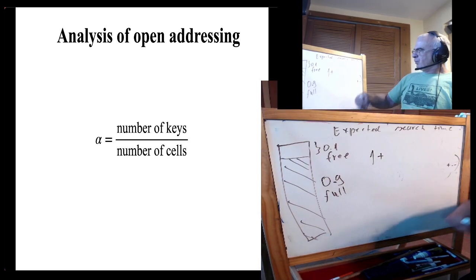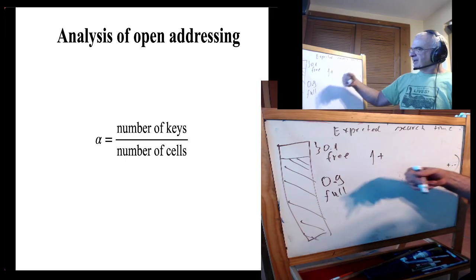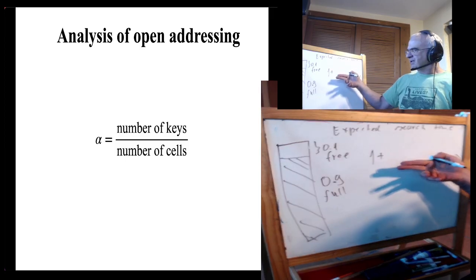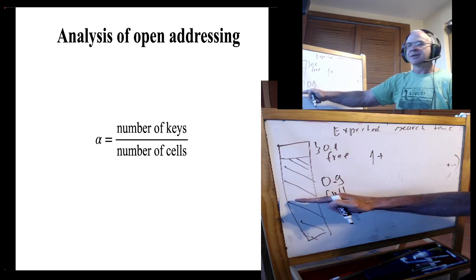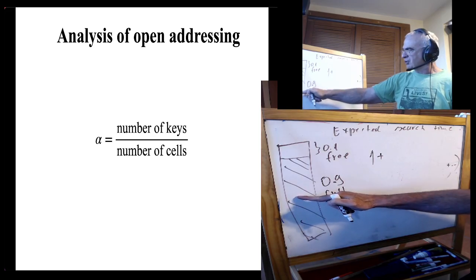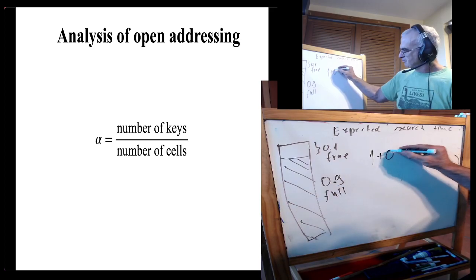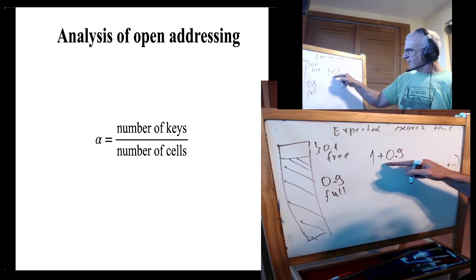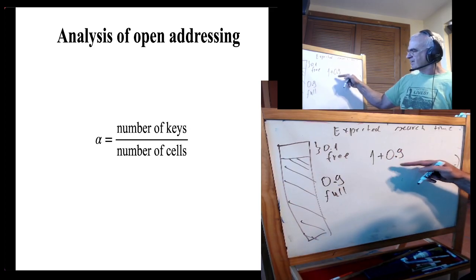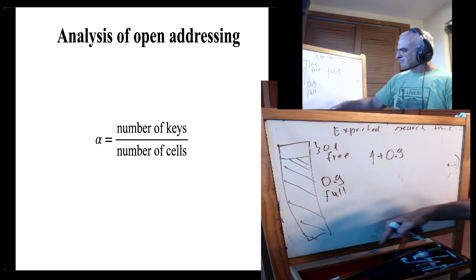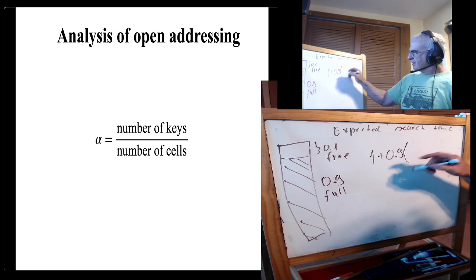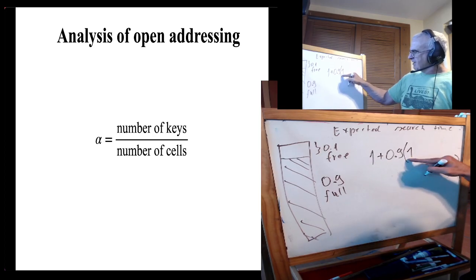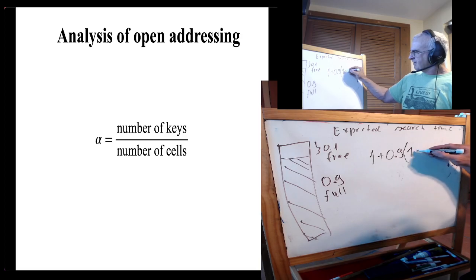So what's the chance that I'll need another probe? It happens because I hit an occupied cell in my first attempt, for which the chance is 0.9 now instead of half. Instead of 0.5, it's 0.9. And if I did need another search, here is the time that I'll spend for it, but there is a chance that I'm not done yet.